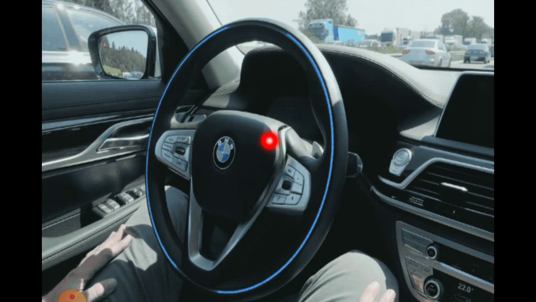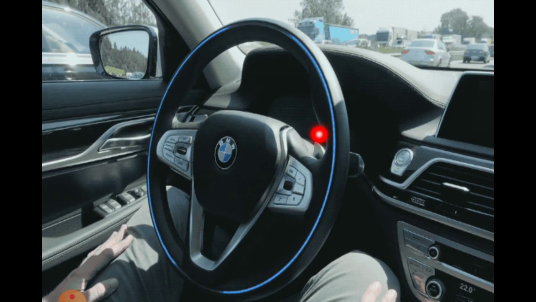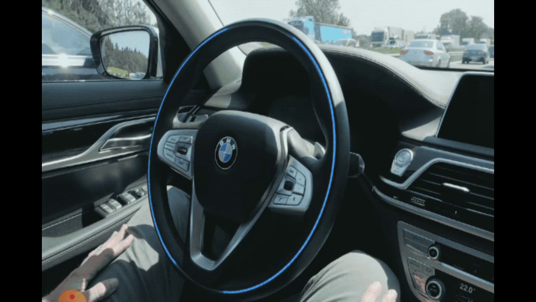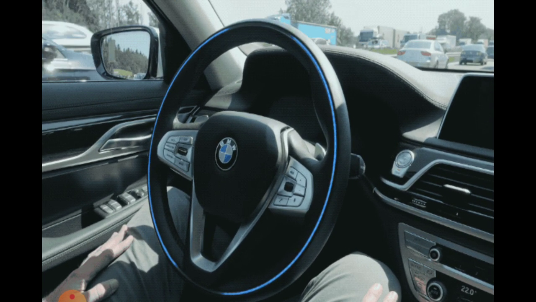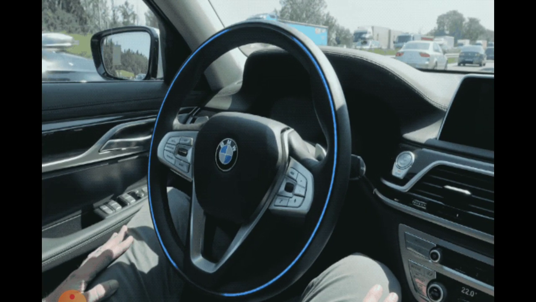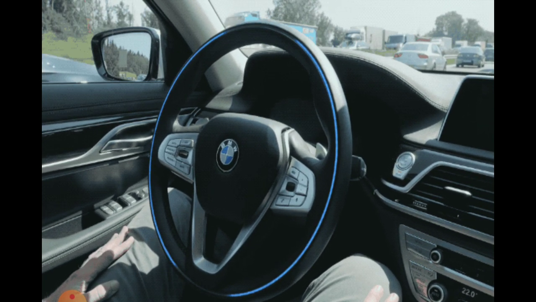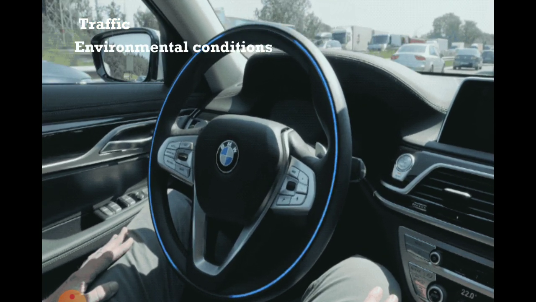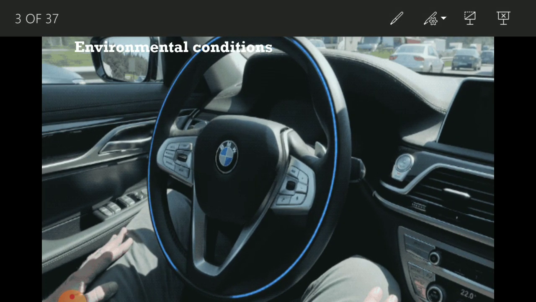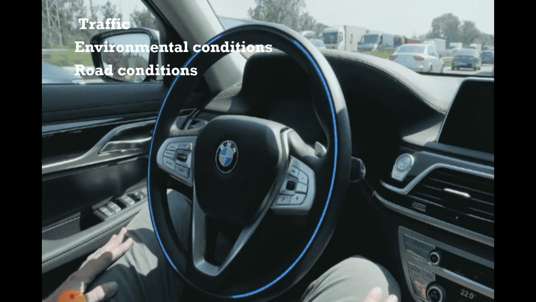Let us assume that you are seated in an automated car. What do you think are the variables which contribute in determining the behavior of the system? Remember that behavior herein is whether the car safely takes you to the destination in time. So we have traffic conditions, environmental conditions, road conditions.